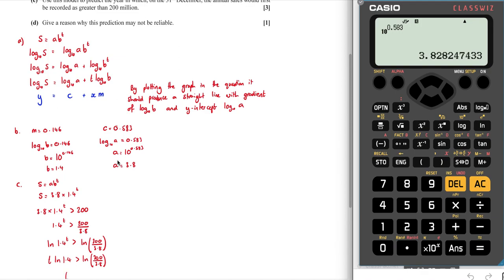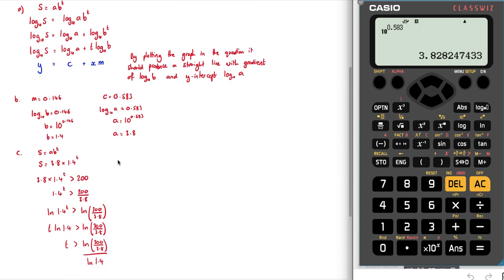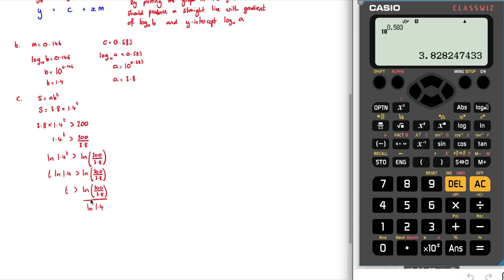So t is greater than ln of 200 over 3.8, all over ln of 1.4. Now, it's always a good idea to double check that none of these numbers you're dealing with are actually negative, because then I'd have to flip the sign over. So let's have a look at that. ln of 1.4, no, that's positive.